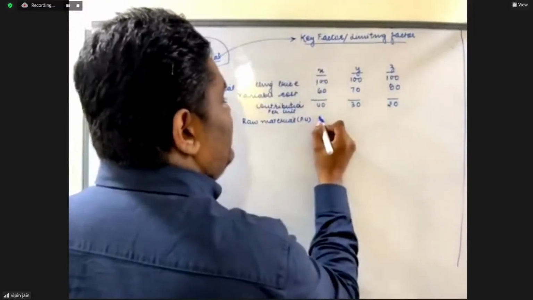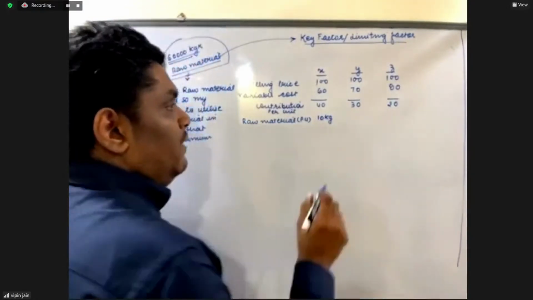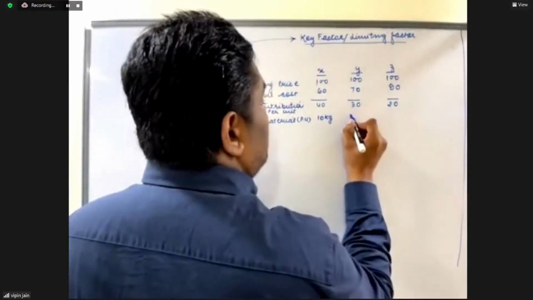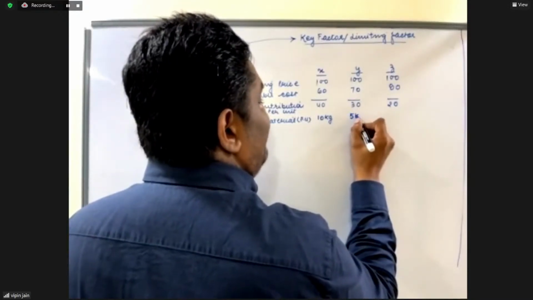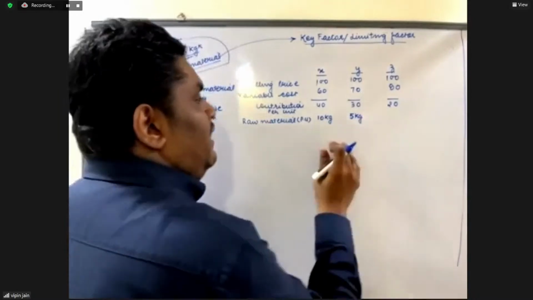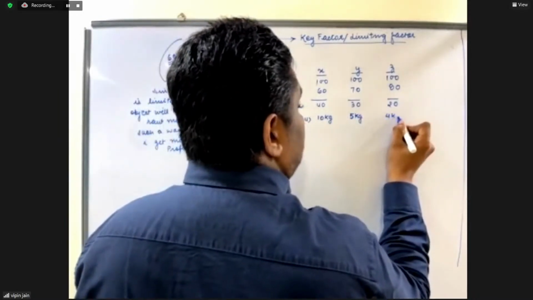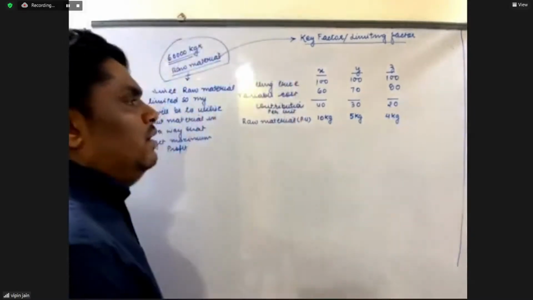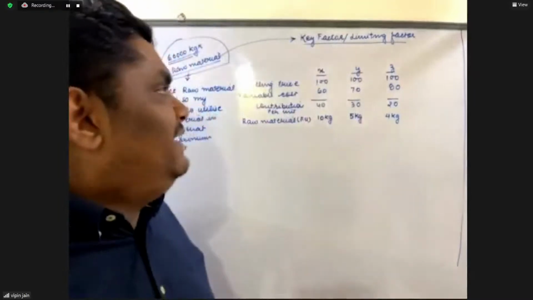Let's say to manufacture product X, we need 10 kgs.